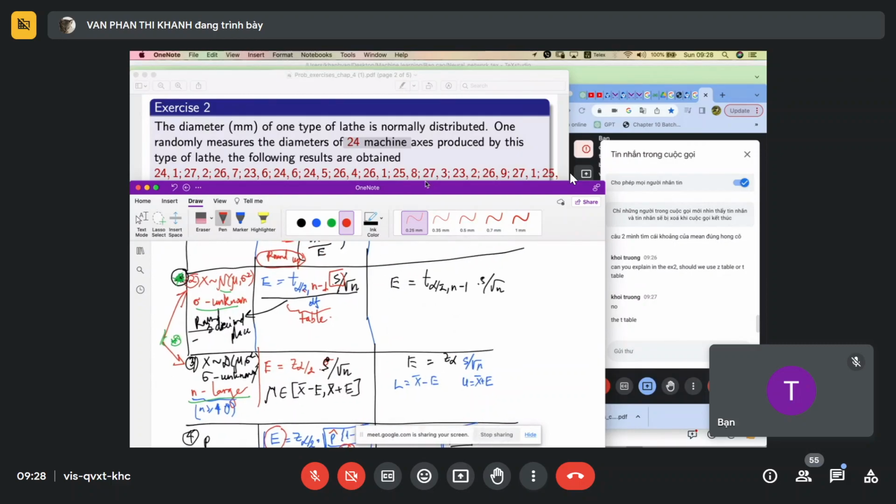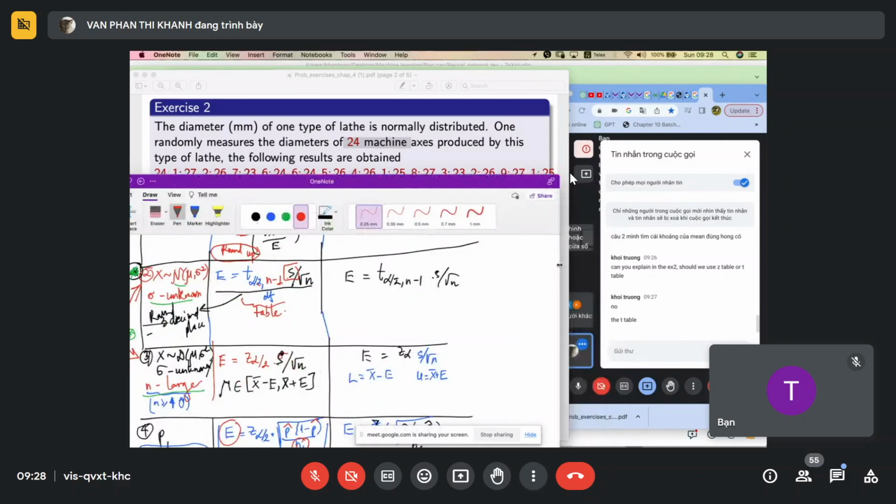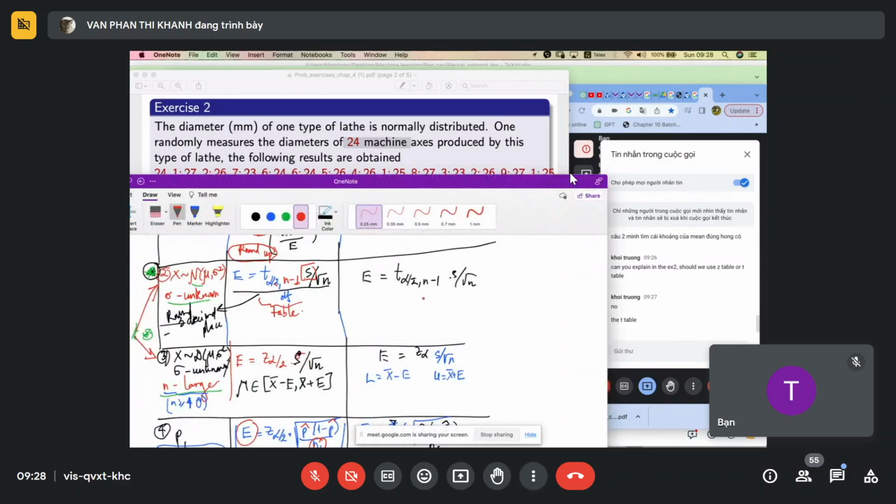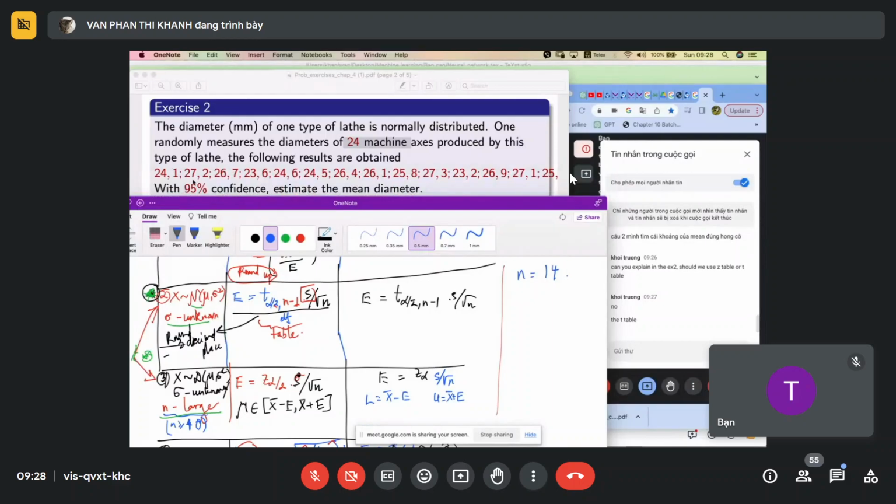So class, first step, find x bar and S for me. Here, n is 14. You have to enter the numbers into the calculator and find x bar and S. Tell me.